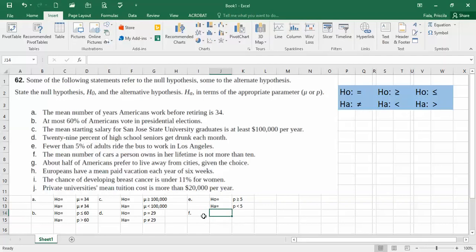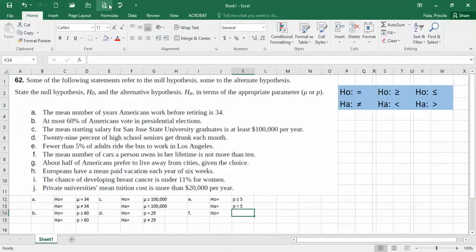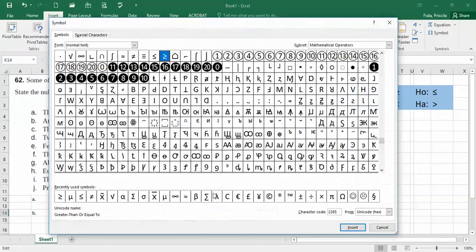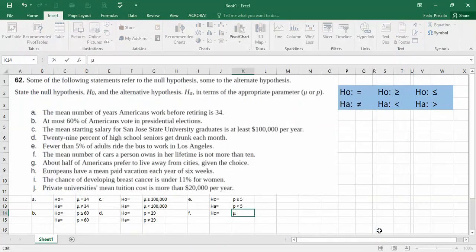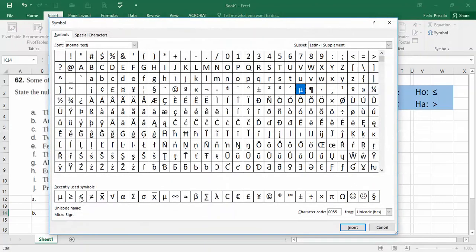So let's do that. My H0, which one has the less than 10 including 10? Here we go. So be the mean here. So no more than 10. Actually, I should be using this.